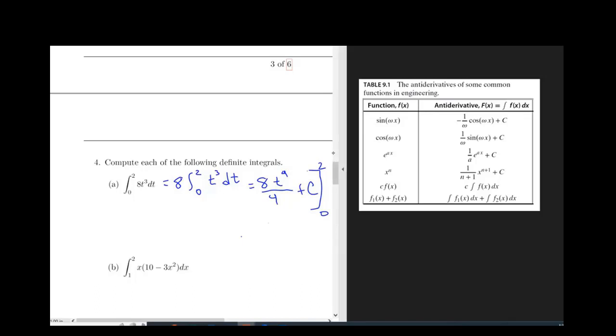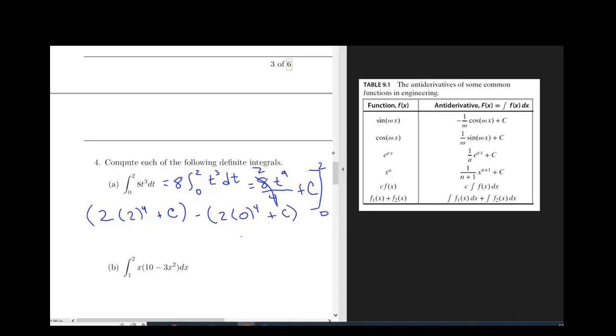First thing I do is I plug in the top number, which is 2. And actually, the first thing I do is I'm going to simplify that to a 2. Okay, so now I have 2 times 2 to the 4th power plus c, right? And then I subtract from that, I plug in the bottom number, and I have 2 times 0 to the 4th power plus c.